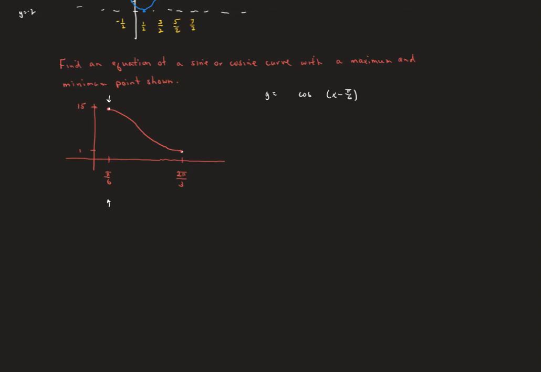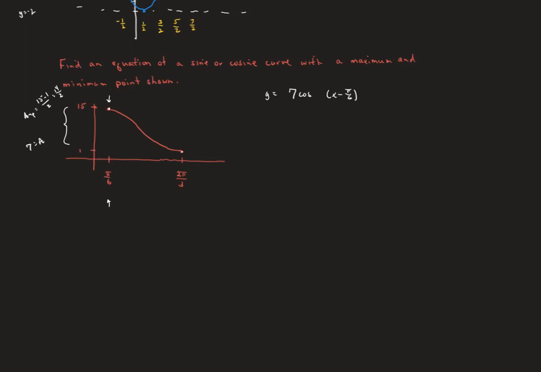Now we can see our amplitude is going to be the maximum minus the minimum divided by 2. So that's going to be 14 over 2, which is 7. And that amplitude is going to be our A. So we're going to plug a 7 there, and we said it's a positive 7. So I'm going to leave that as a positive 7.